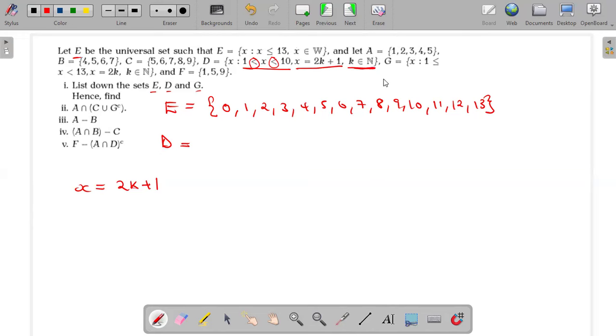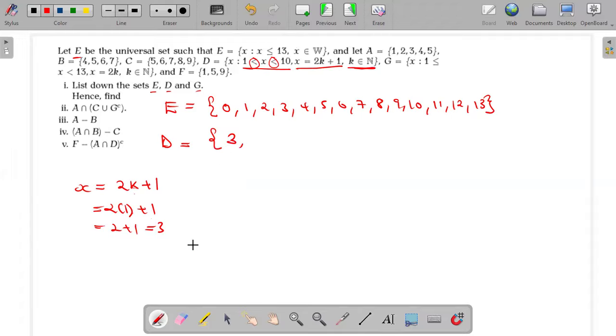Natural numbers, counting numbers, start from 1, 2, 3, all the way going up to infinity. So for us to get our x values, we have to start replacing k, starting from 1. If we replace 1 where k is, 2 times 1 gives me 2, plus 1 gives me 3. This is the first element in my set.